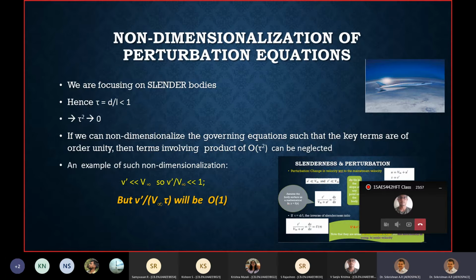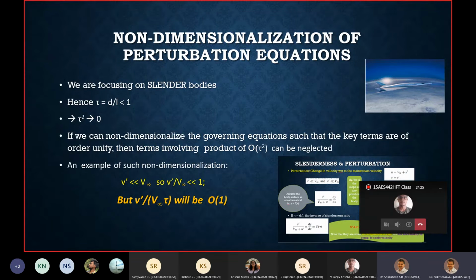What's the importance of non-dimensionalization? We have discussed it already. With non-dimensionalization, we will be able to make the analysis independent of the geometric dimensions. And here in perturbation theory, non-dimensionalization has even more utility, as we are going to see soon. But first, let's understand the non-dimensional parameters.